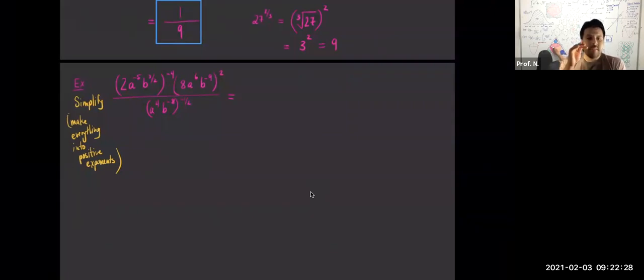Okay, so I have several suggestions. Chen says to eliminate the negative exponents. Tiffany says multiply the powers first. And then Sydney says move numbers and variables with negative exponents. So we're seeing that there's a common thread here.